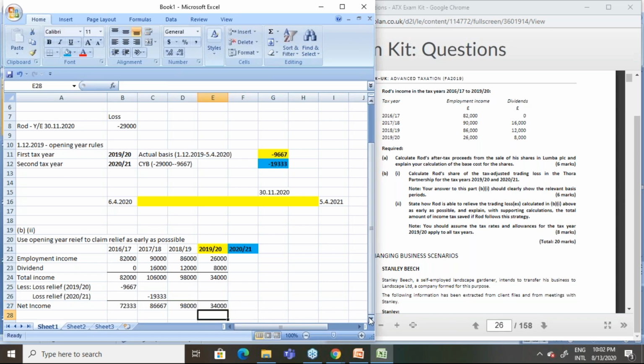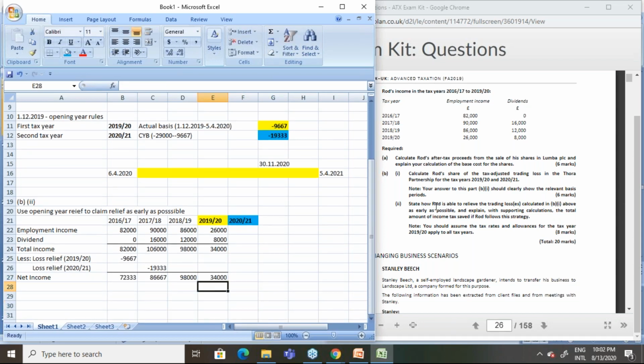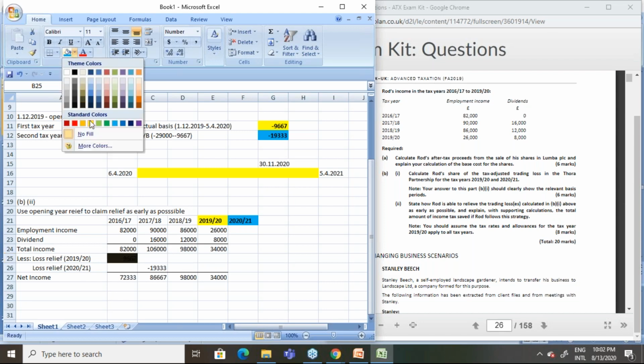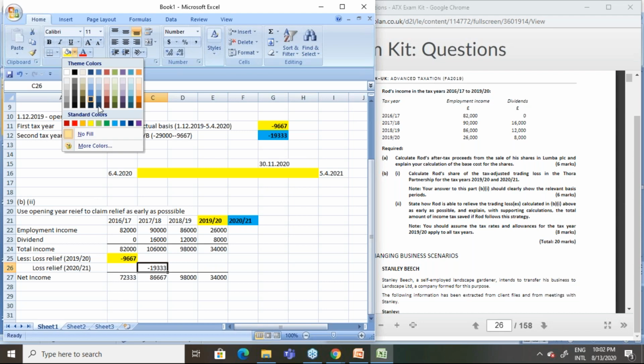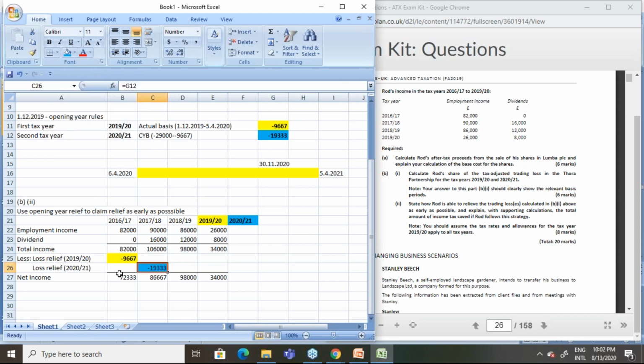Okay. So state how Rodney is able to relieve the trading losses as early as possible. So in this particular way, 9,667 here and here 19,333. So you can claim the full loss there.